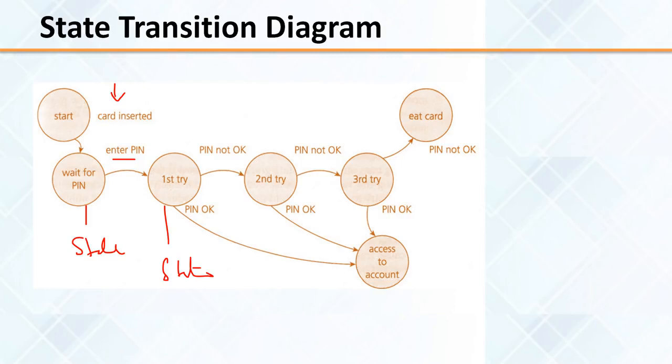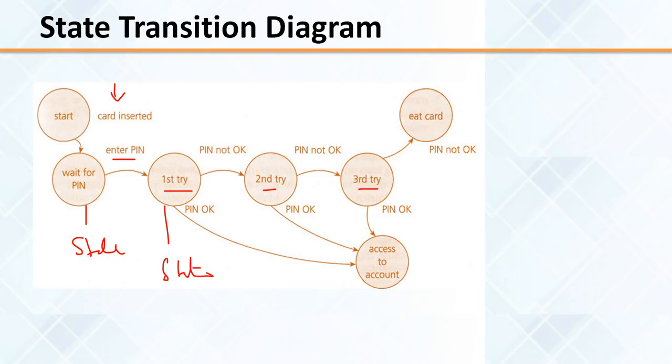So if the first time when I enter the pin, it is wrong, it will ask you once again, right? How many times will it ask? 3 times it will ask. If I enter a wrong pin number, it will ask 3 times, right? So that's the reason here I mentioned 3 tries. First try, if the pin is okay, then it will go to the account. You can access the account.